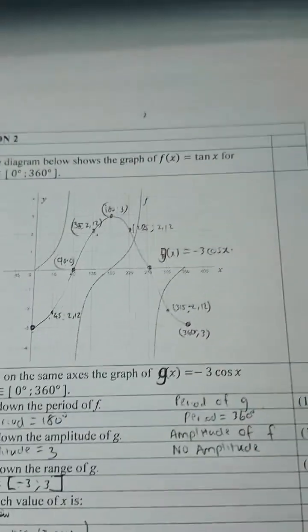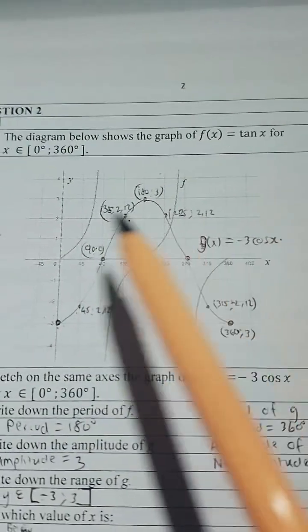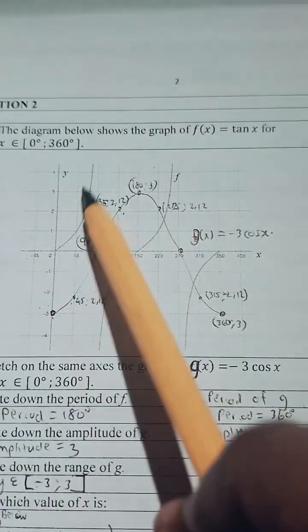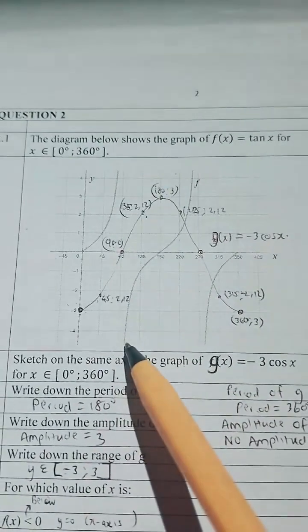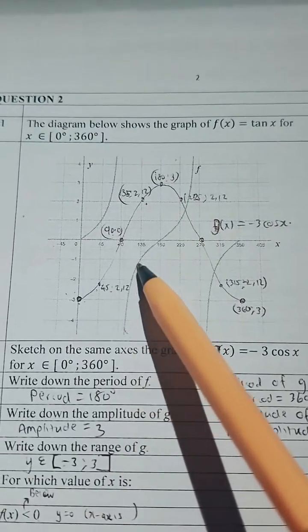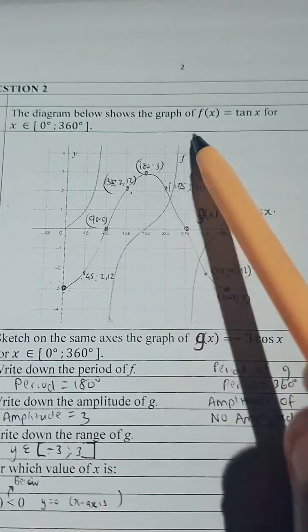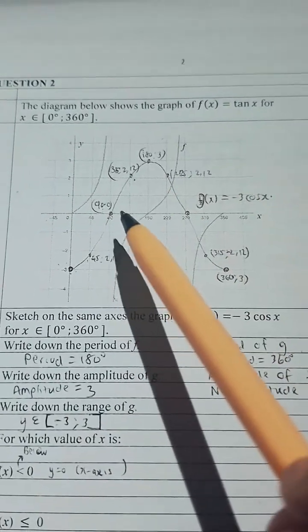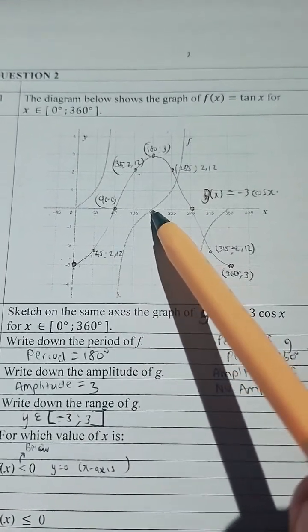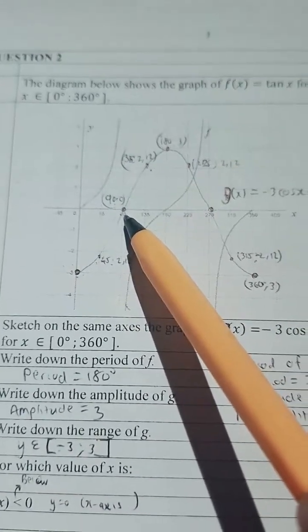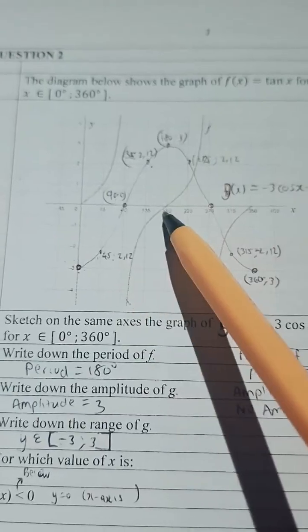All right, so let's go and look at the tan graph. Here is the tan graph. Here we are above. Here is the tan graph. We are currently below. Till here we are below, and then we continue to be above. So from a certain point to a certain point, we are below.